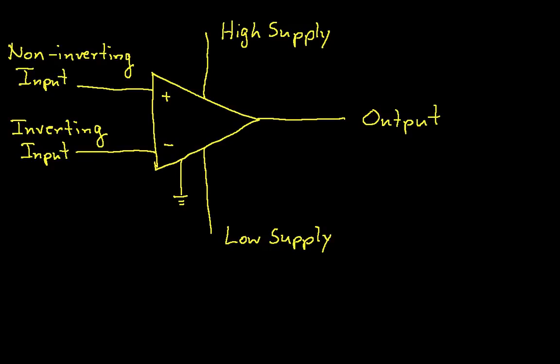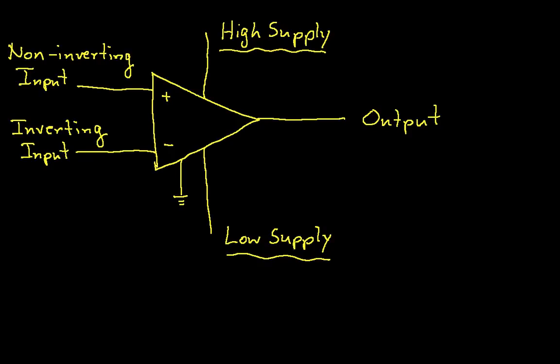It's extremely helpful. So what we have on the screen is the op-amp symbol. This shows everything that you might want to think of connecting to an op-amp in a circuit. We'll start with the supplies. The high supply and the low supply are basically the power supplies to the op-amps.